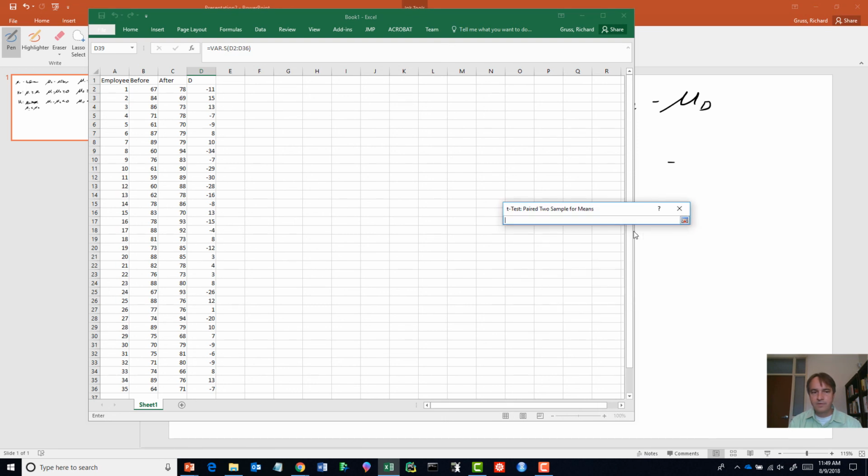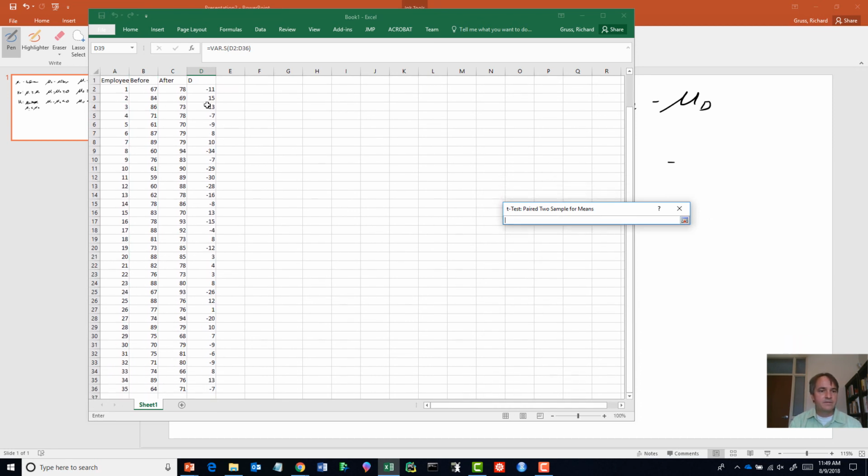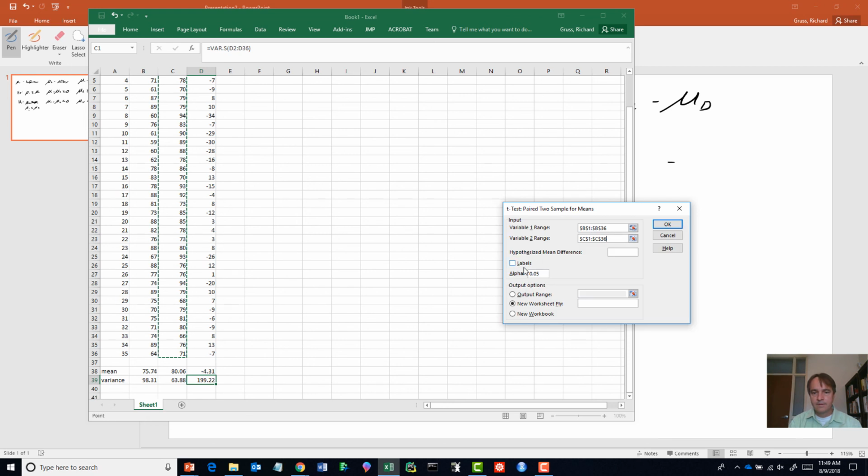Okay, so first variable is the before, and the second variable is after. And I included the labels. I think they gave us 0.05 for alpha, and hypothesized difference is 0. So we will go ahead and put that there.